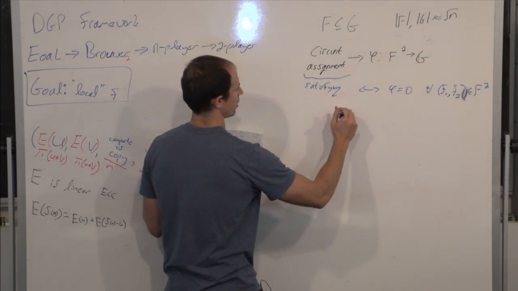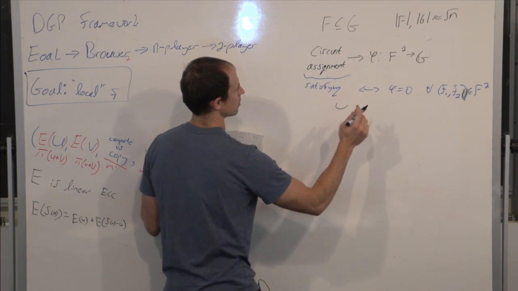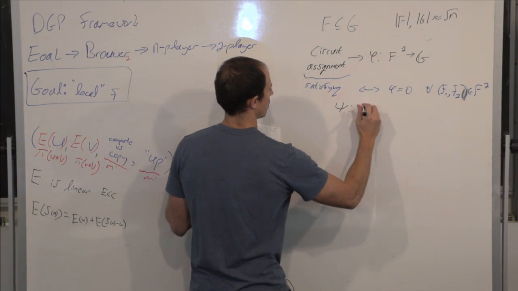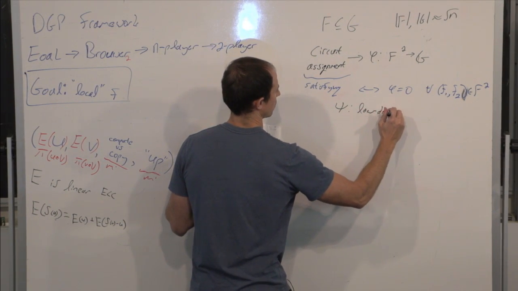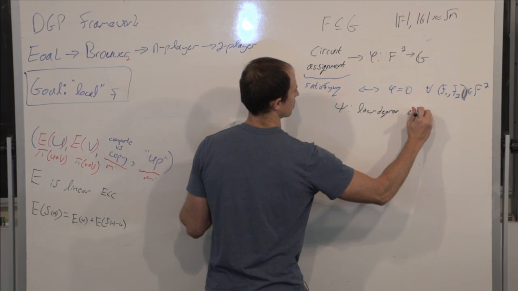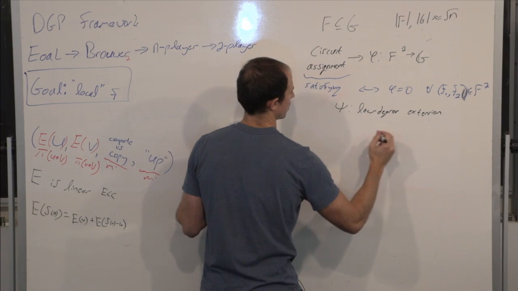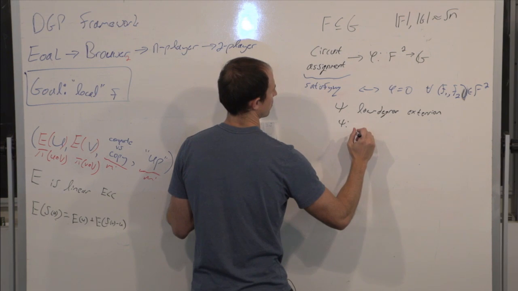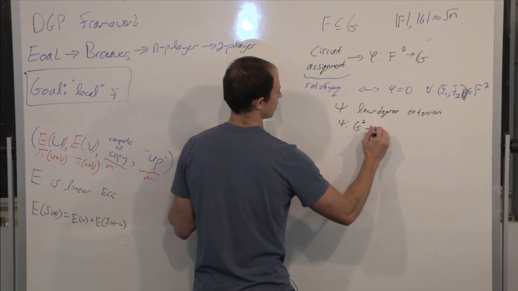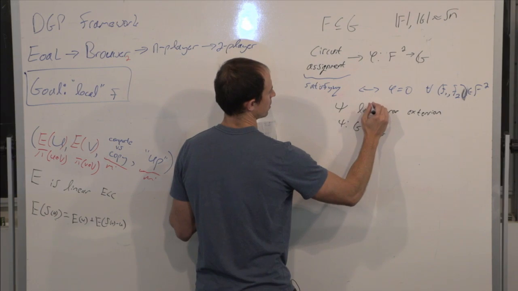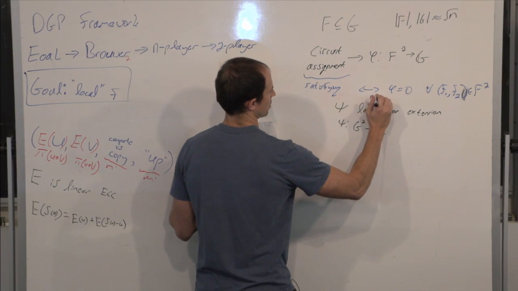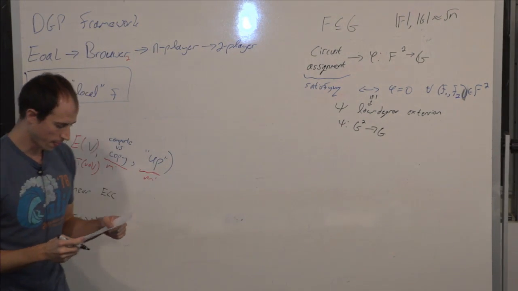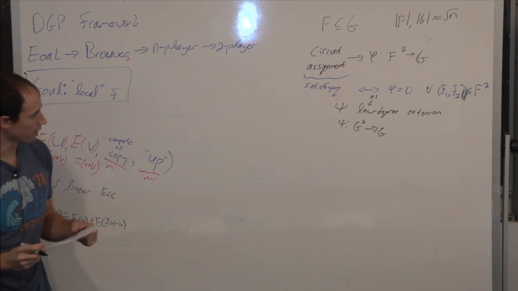Now I'll have a psi, a low degree extension. C goes from G squared to G. And when I'm saying low degree, it's the size of F, so approximately root n degree, but smaller than the entire field. Extension of phi, yeah.